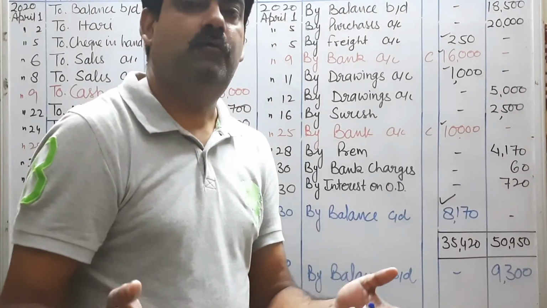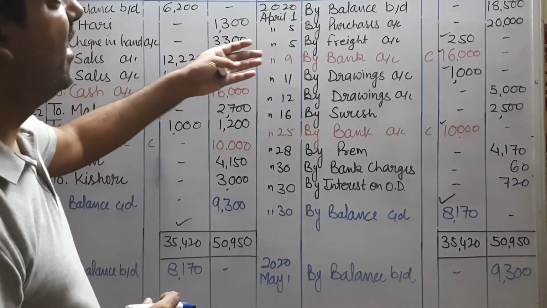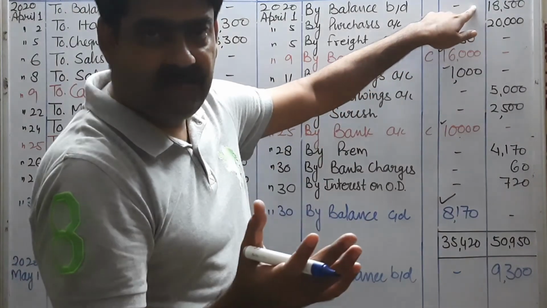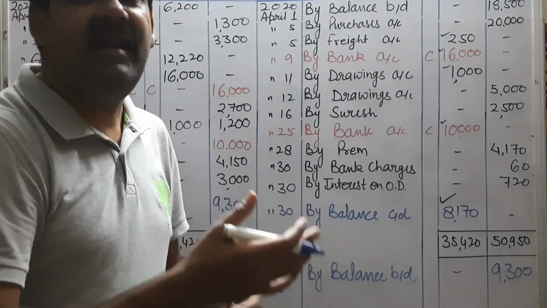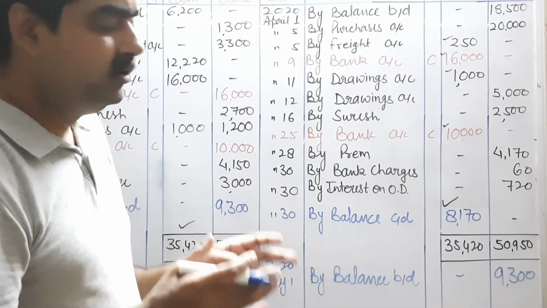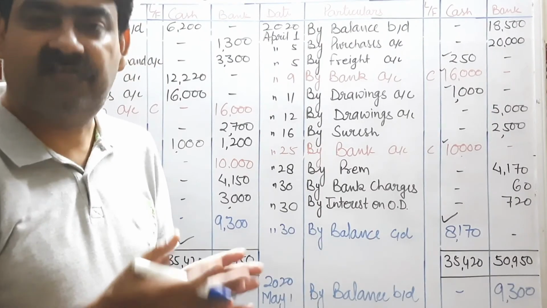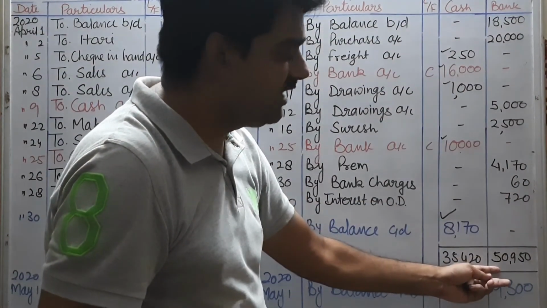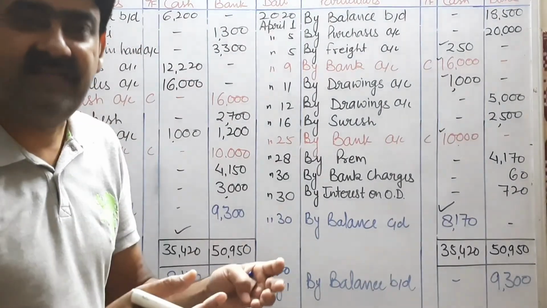Okay, now come to bank balance. See, at the time of starting you can see bank balance was having credit balance, that is overdraft balance. So any balance may come either debit or credit. In this condition we will take total of debit side as well as credit side. So you can see total of credit side is 50,950 and total of debit side is a little bit less.